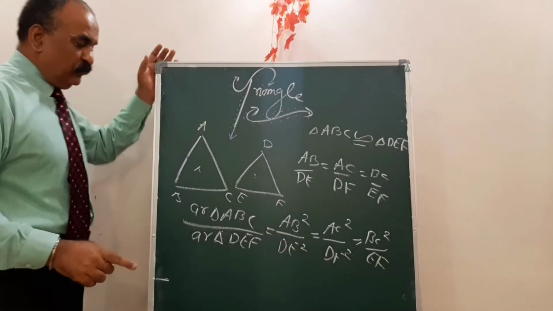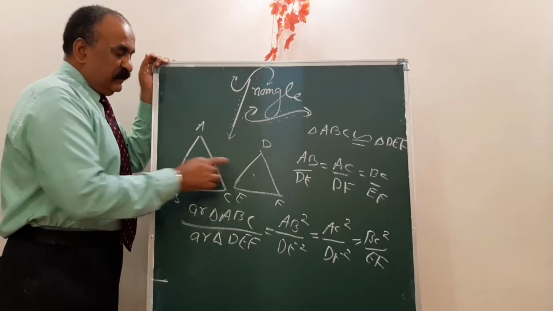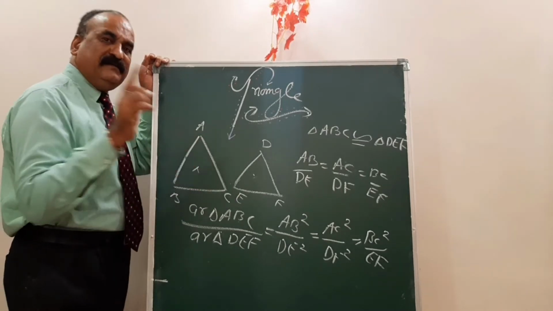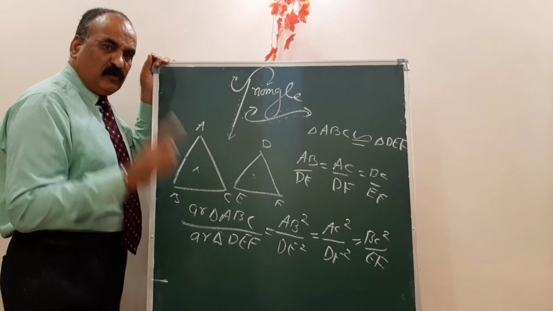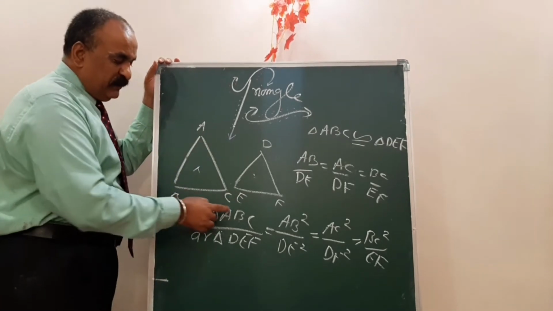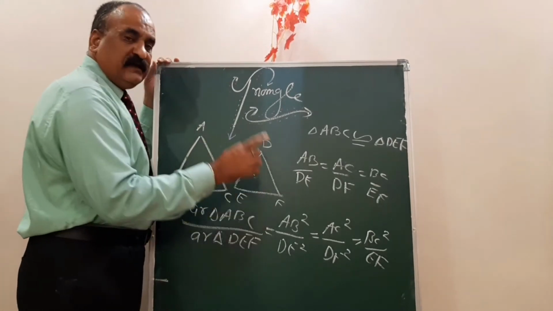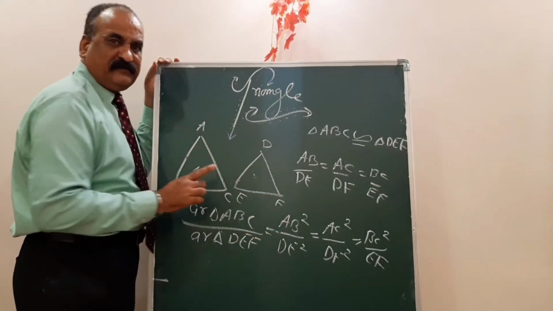We know that if two triangles are similar, then the ratio of their areas is equal to the ratio of the squares of their corresponding sides.